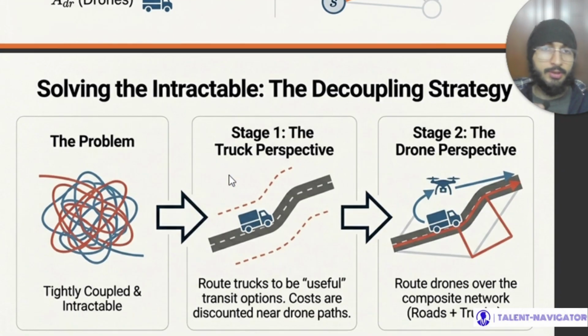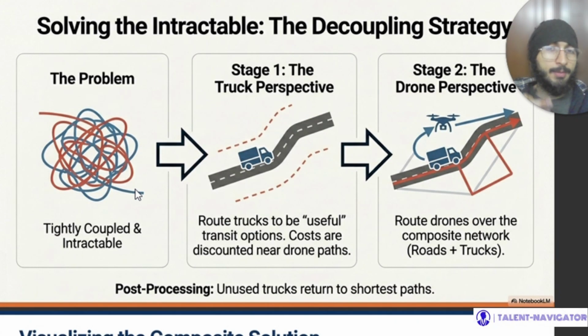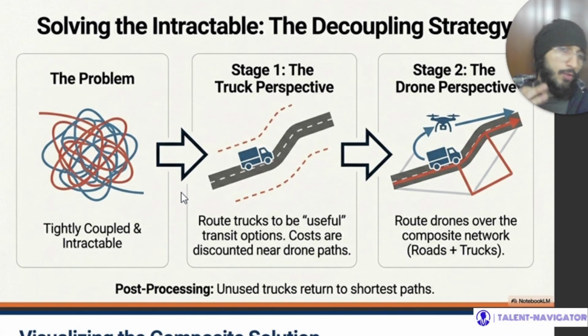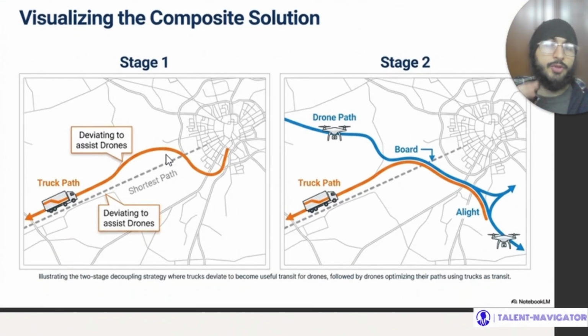So, solving with the decoupling strategy. The problem is tightly coupled and intractable. Stage one is the truck perspective: we route the trucks to be useful transit options, where costs are discounted near the drone paths. Stage two is the drone perspective, where we route the drones over the composite network, that is, roads plus the trucks' network. Now, visualizing the composite solution. Let me show you.